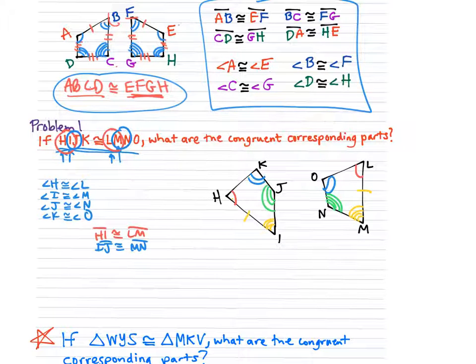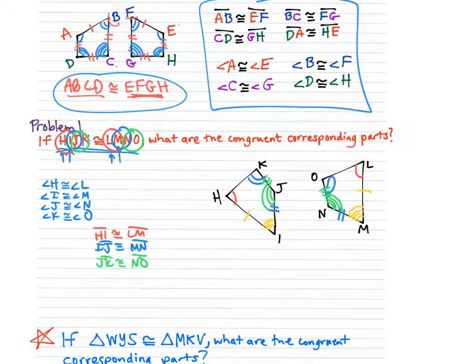You can see here IJ, green and yellow. MN, green and yellow. And then you can do that with JK and NO.